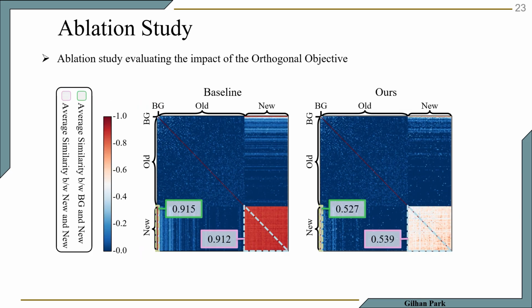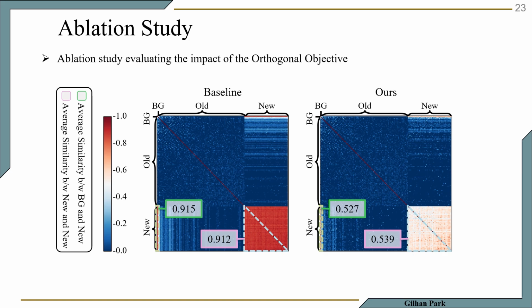The second evaluation study demonstrates the effectiveness of the orthogonal objective in reducing background shift. On the left, you can see the baseline similarity between background, old classes, and new classes.